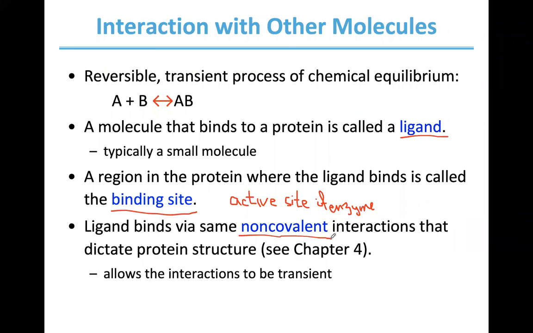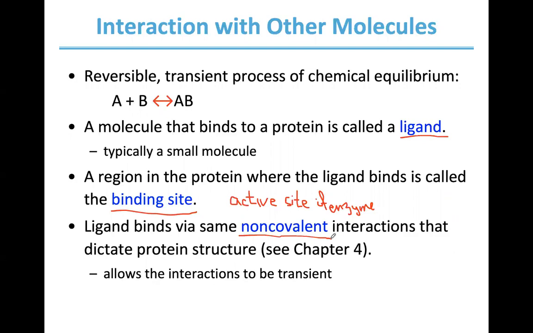So in general, this is something called the turnover number. We will talk about that in the context of enzymatic catalysis. But basically, it's the number of molecules which the enzyme or the protein processes within 1 second. It's called the turnover number.